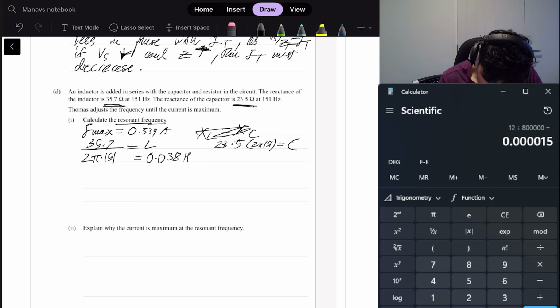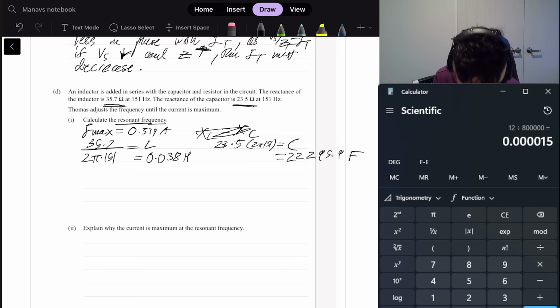L is 0.038 henry. C is equal to a large number, 22295.9 farads. And now we can use that other equation from before.